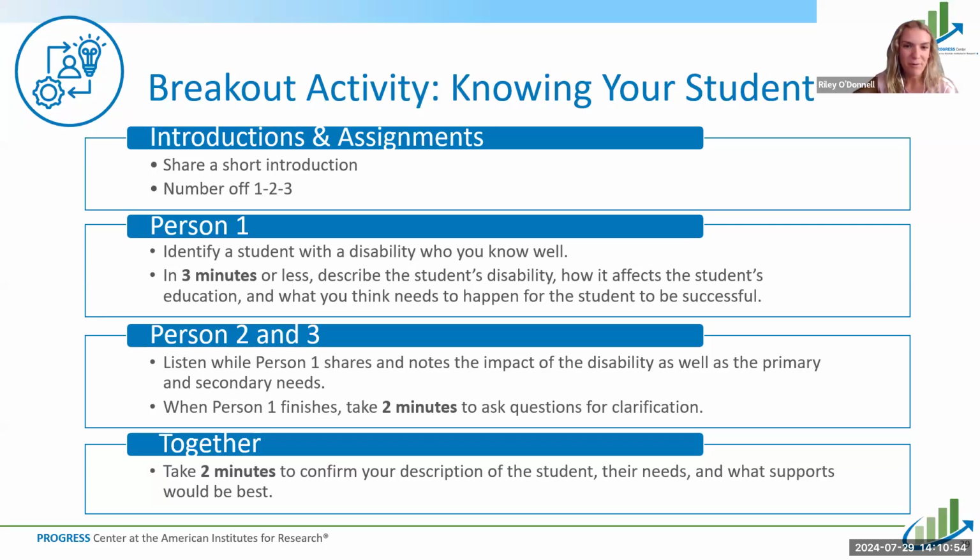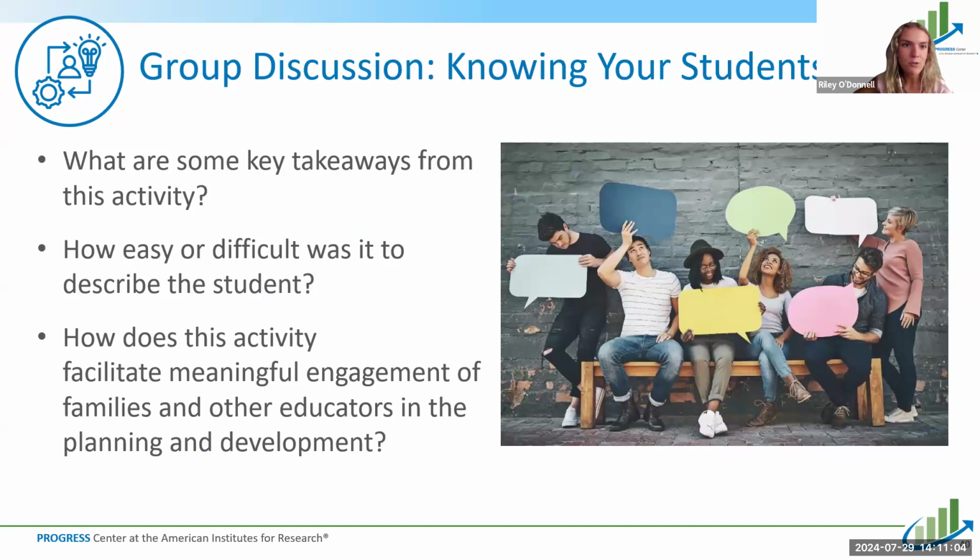Okay, welcome back, everyone. We hope that gives you some time to have some good discussions with your group. We are going to take a second now that we are all back in here and move on to a group discussion. So reflecting on this activity and on your discussion with your groups, first thinking, what were some key takeaways from this activity? Another question to think about is how easy or difficult was it to describe the student?